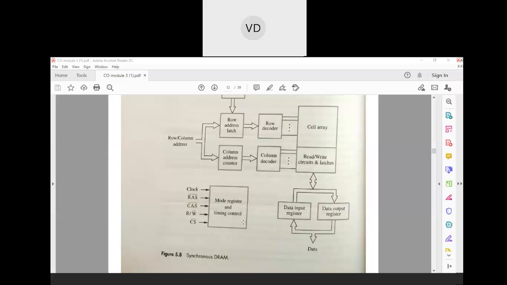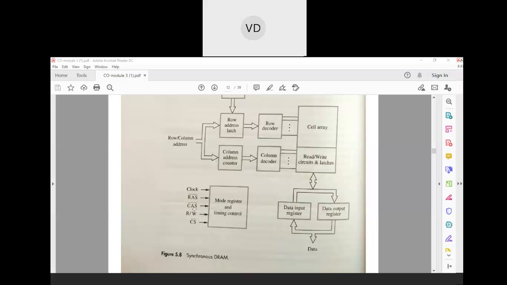For now, when this mode register generates the RAS and CAS signal, the row address and the column address will be latched into this particular block's latches. First the row address will be given, the row will decode, and only that row will be selected from the cell array. After the row is selected, the column address will be strobed under the control of the CAS signal, which is generated by this register.